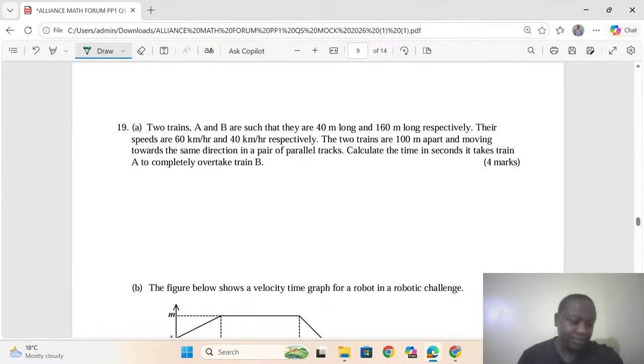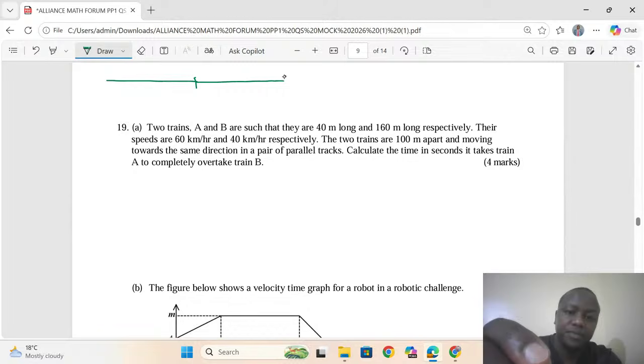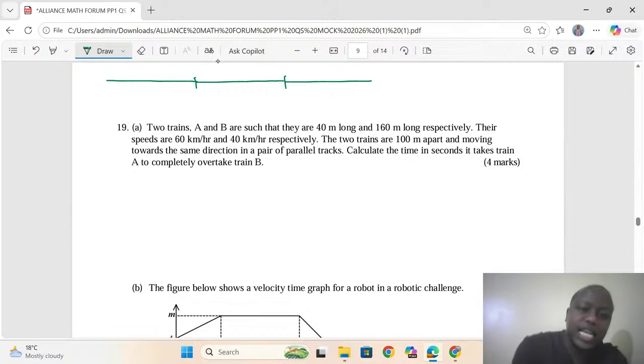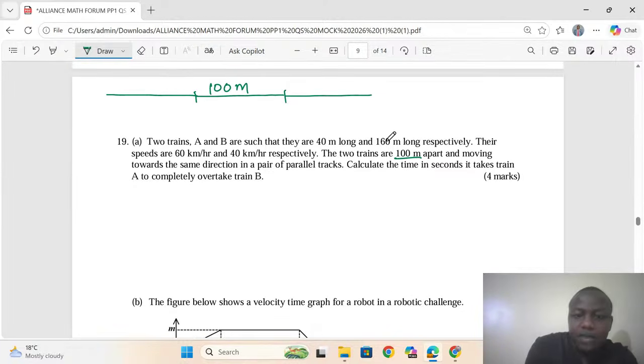Now look at this. I want to draw one train, another train, the distance between them. We're being told that there is 100 meters between them. They are 100 meters apart. Then we have train A, 40 meters long.